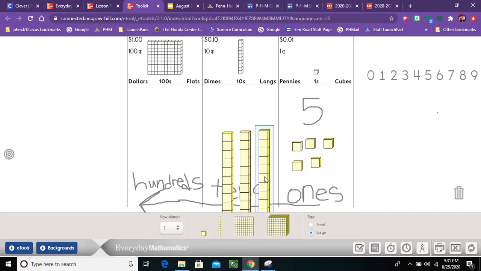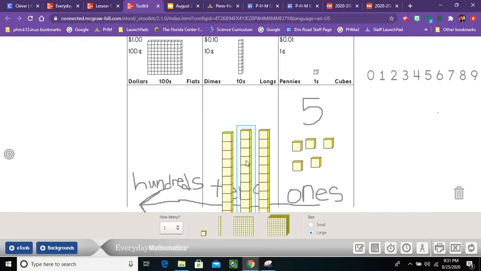Am I going to write 30 because I see 30 cubes? 10, 20, 30? Nope. I'm going to think about how many groups of tens I have. I have 1 group of 10, 2 groups of 10, and 3 groups of 10.